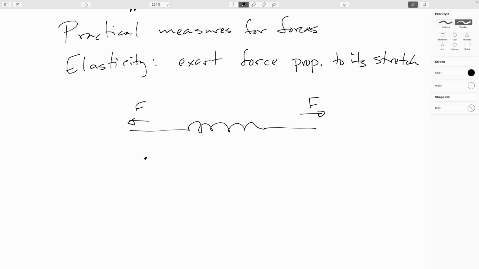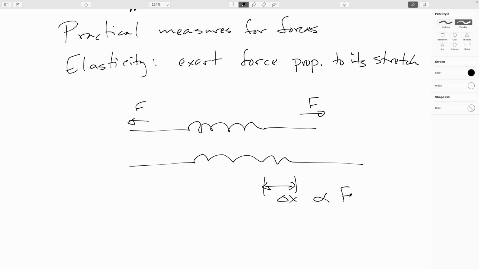When I pull with that force, what will happen is the spring will stretch, and here, let me just redraw it slightly, maybe like that, and the extra length that we gain from the stretch, this distance delta x, is proportional to the force that was applied to stretch it.